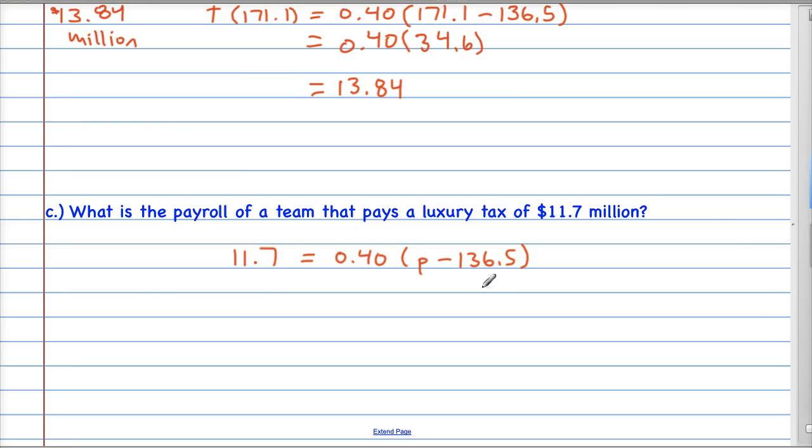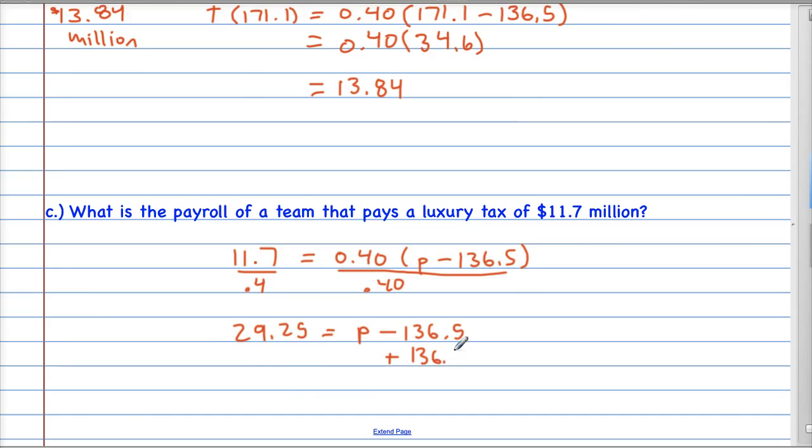So first thing that we do here, I have 0.4 times this quantity, so I want to get rid of that 0.4. So I can divide both sides by 0.40. And so 11.7 divided by 0.4 equals 29.25. So now I have 29.25 equals P minus 136.5.